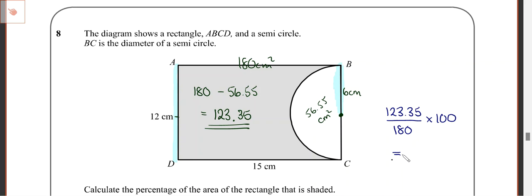What do you get? So it's 123.45 out of 180, 68.5%. Does that make sense? Quite a bit more than a half?